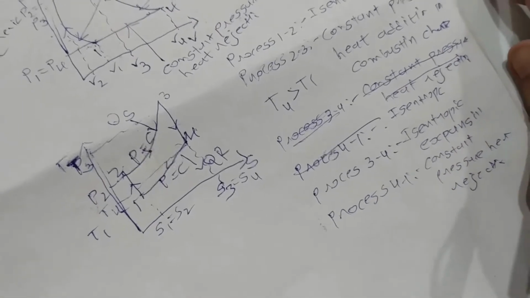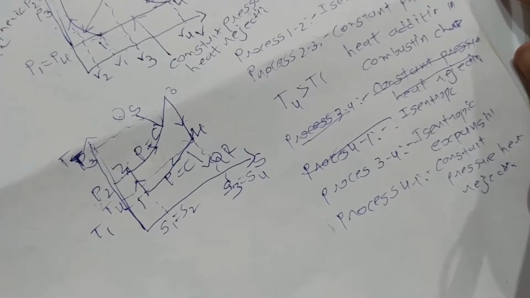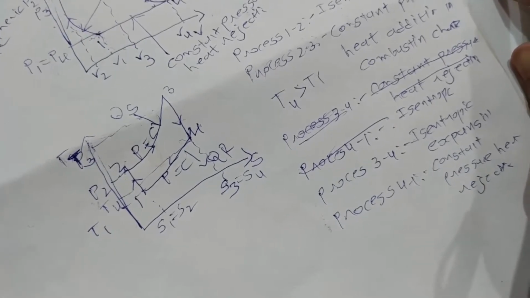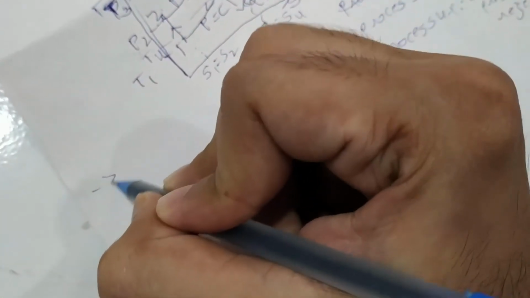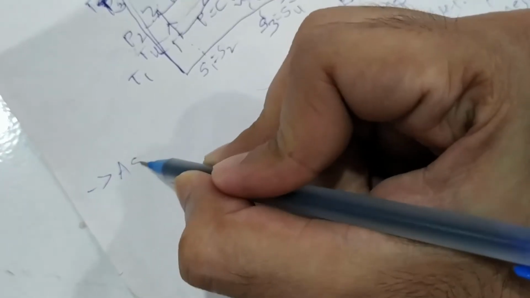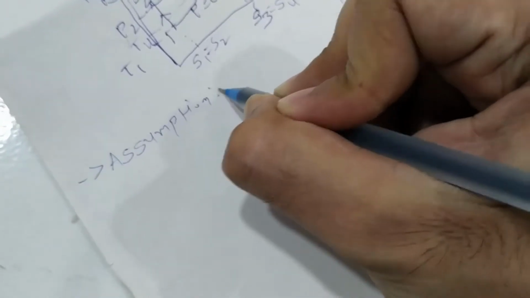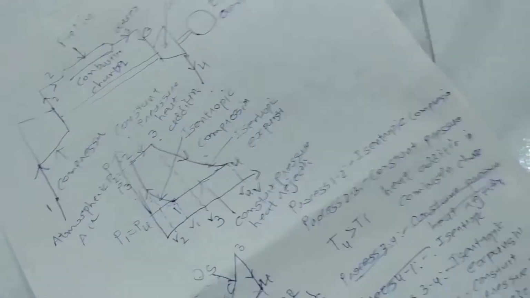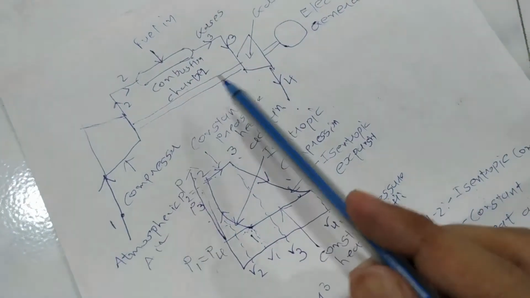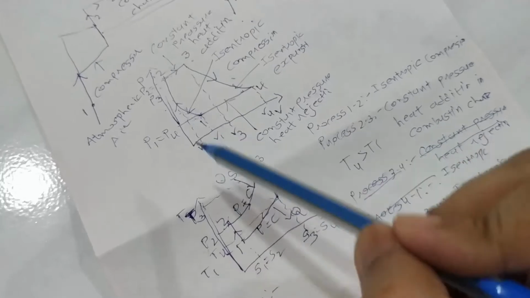Before I start learning this ideal Brayton cycle, we have to assume a lot of things. So there are some assumptions in this process. Assumption number 1: compression and expansion are isentropic. You can see this in the PV diagram and TS diagram.